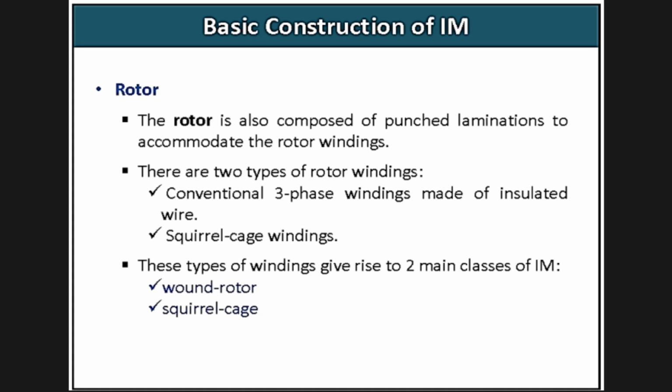First one is conventional three-phase windings made of insulated wire, and the other one is squirrel cage windings. These types of windings give rise to two main classes of induction motors: wound rotor and squirrel cage. They are classified according to the construction of the rotor. So let's first look at the squirrel cage rotor.